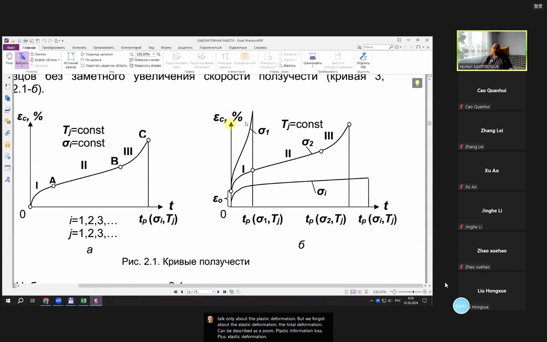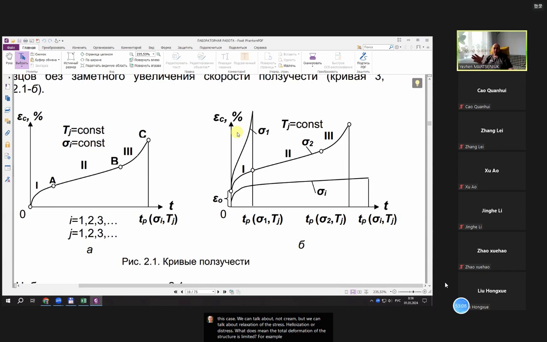Plastic plus elastic. And the total deformation should be limited. In this case, we can talk not about creep, but about relaxation of the stress. Relaxation of the stress. What does it mean that the total deformation of the structure is limited?